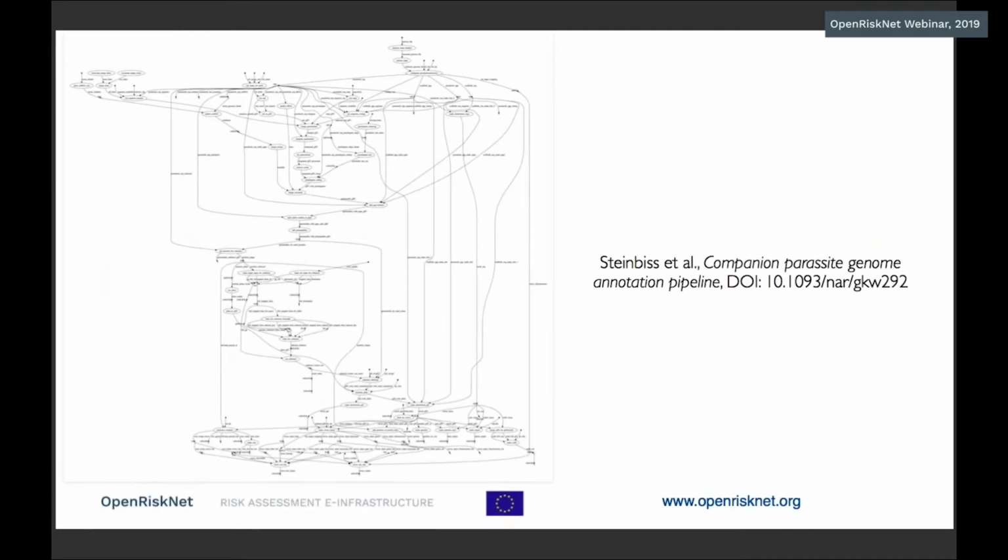This is a genome annotation pipeline, just to describe how many steps are commonly used. Each one of these circles that you see here is a task, a step in the pipeline, and you can see how the data flows through it.